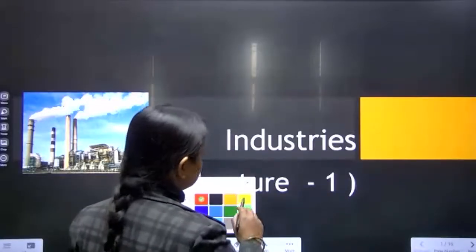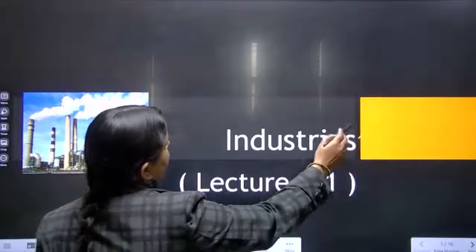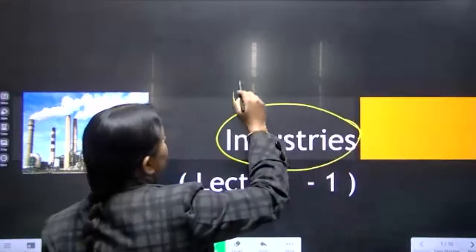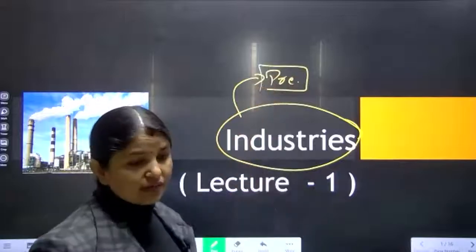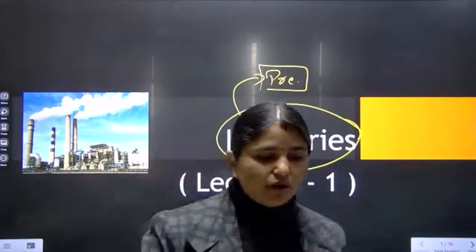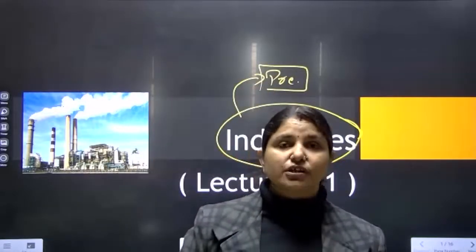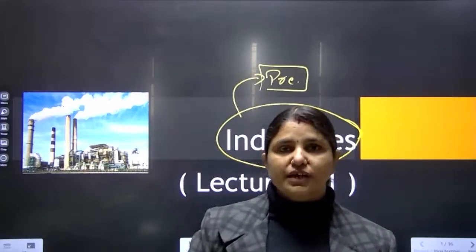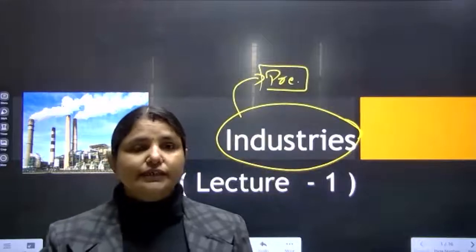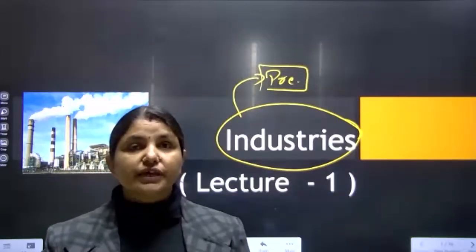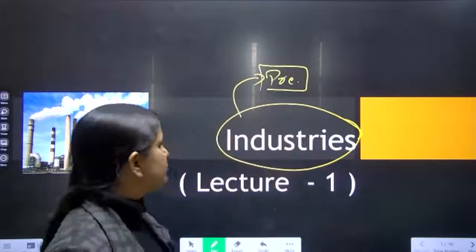The chapter name is Industries, and if you relate this chapter with our previous chapter, you can come to know what it is. The name of the previous chapter is agriculture. In the agriculture chapter you saw the economic activities, related to which we are earning money.